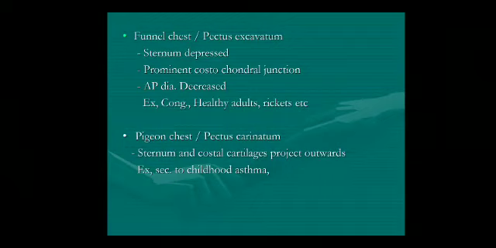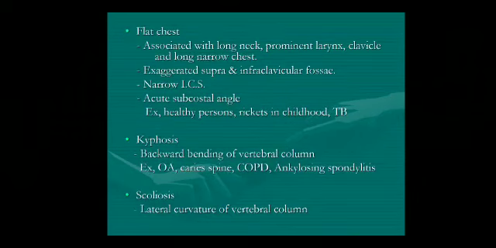This is usually seen in rickets. Sometimes it may be congenital. And then pigeon shaped chest. The sternum is unduly prominent and projects beyond the plane of the front of the abdomen. This is usually seen in rickets. So these are the different deformities of the chest.